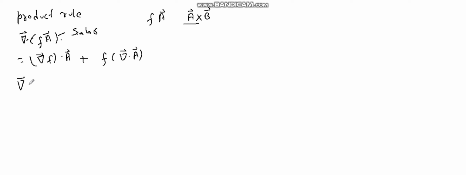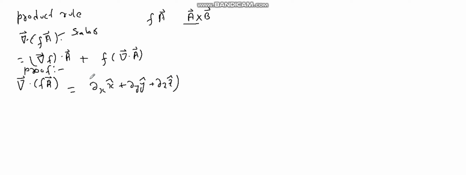So we know that del dot f a, so here we have the proof. What we can write is del x cap plus del y cap plus del z cap, dot product with f of ax x cap plus f of ay y cap plus f of az z cap.